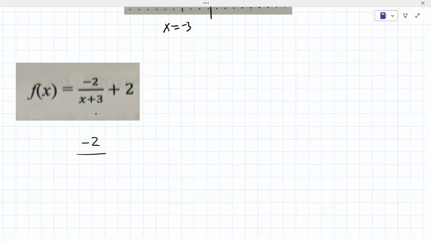How do you write the number 2, this 2 right here, as a fraction without changing it? What we do is that we're supposed to put... What did we do in the previous problem?